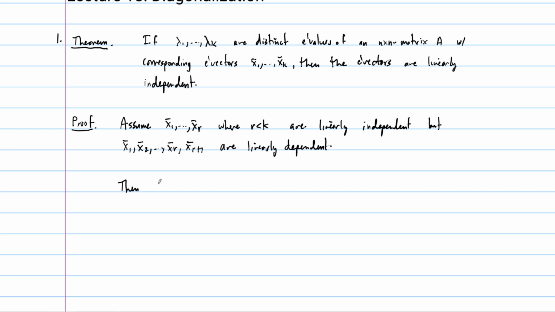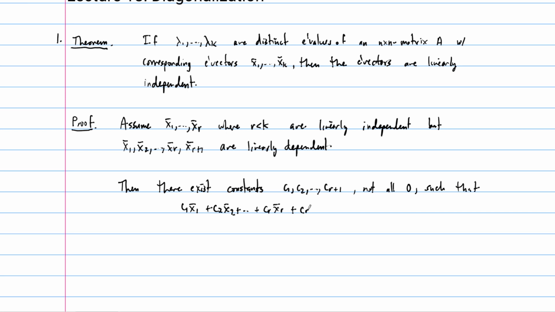What this means is that there exist constants c1, c2 through c(r+1), not all zero, such that the linear combination c1 x1 plus c2 x2 plus, and let's write the previous one as well, cr xr plus c(r+1) x(r+1) is equal to the zero vector, and these constants are not all zero.